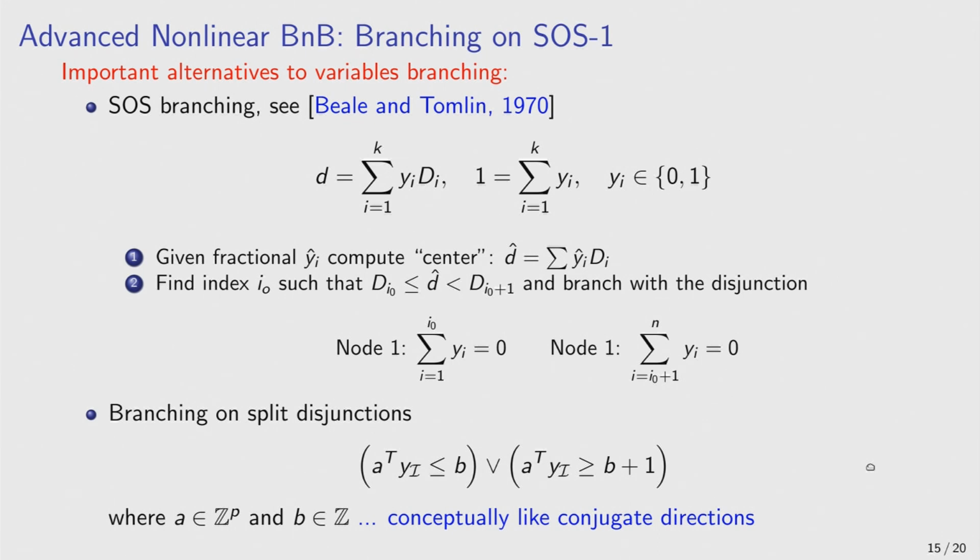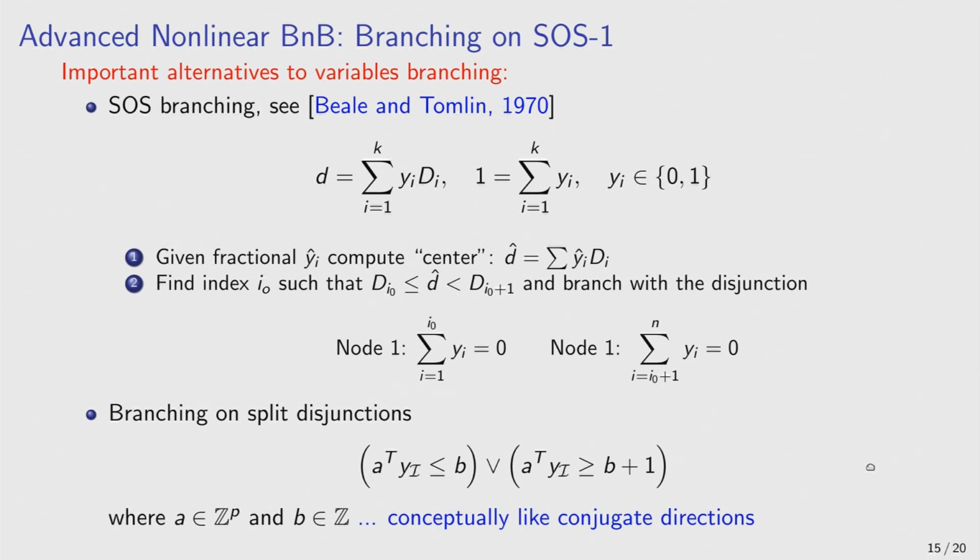So if you branch on special ordered sets, I think we looked at this very early on when we introduced special ordered sets. We had a picture on how to branch on these, and the way to do this is actually to compute the center. So if the yi hat are fractional, then you can still compute the center value of your diameters, for example. Think of the di's as being the diameters in your water network that you're selecting, and you're then finding the index i0 that encloses d hat.